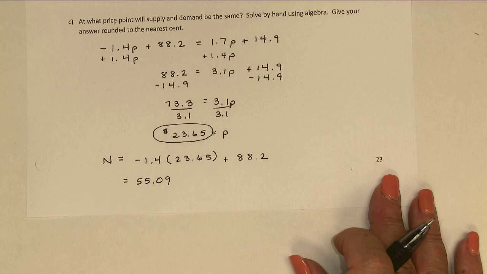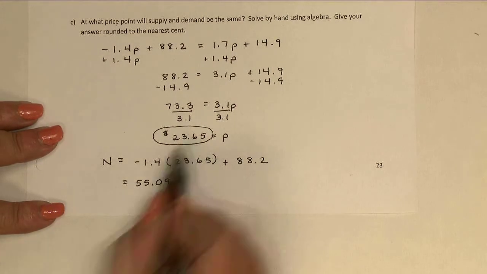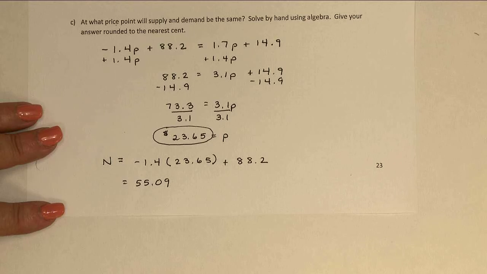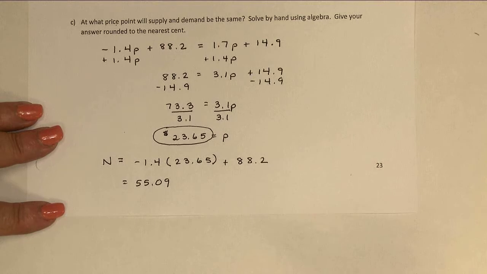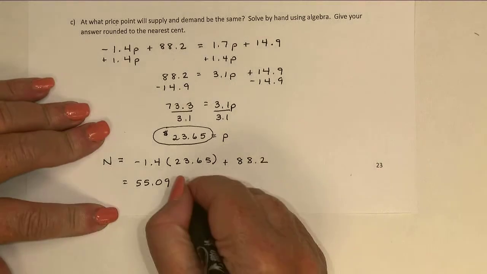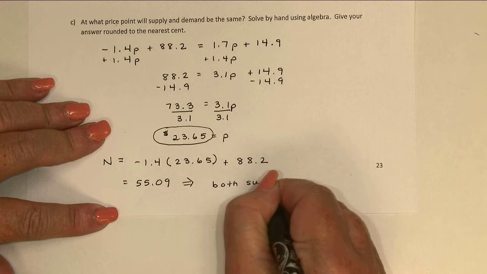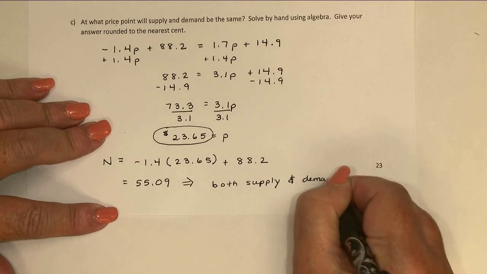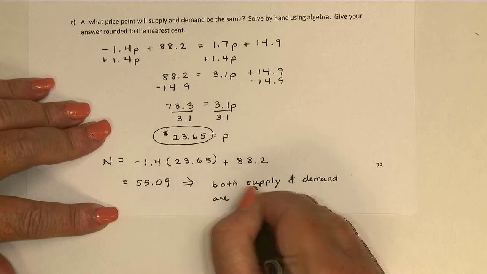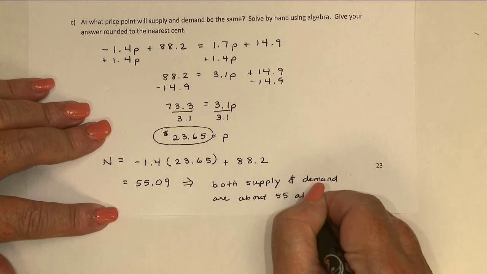So we're saying, if we round off to the nearest whole pair of jeans, that at a price of $23.65, manufacturers are willing to make about 55 pairs a day, and people are willing to buy about 55 pairs a day. In other words, both supply and demand are about 55 at this price.